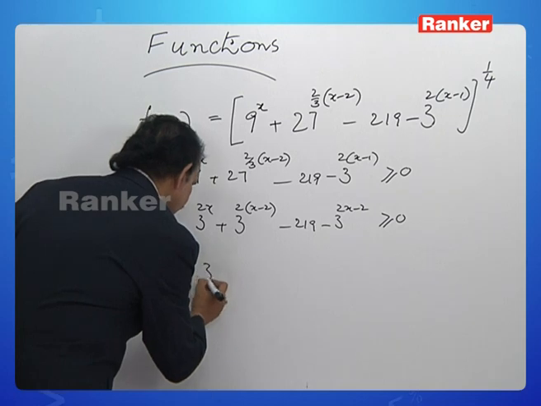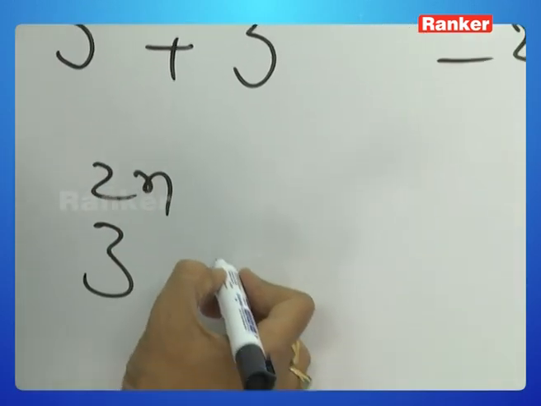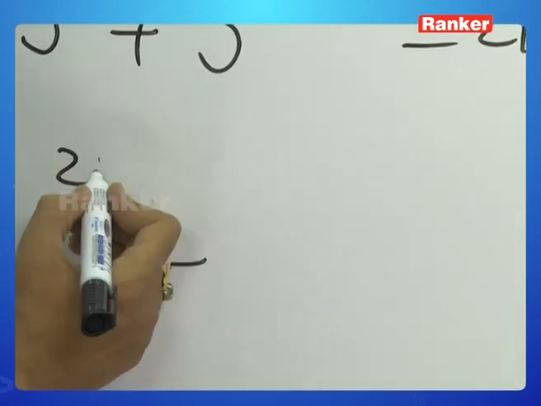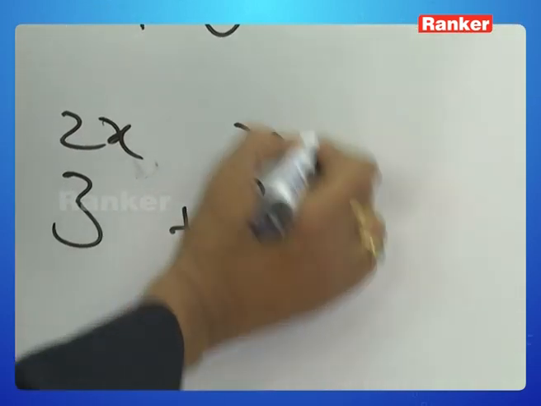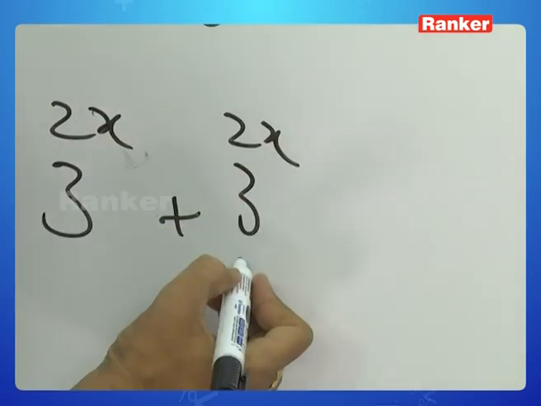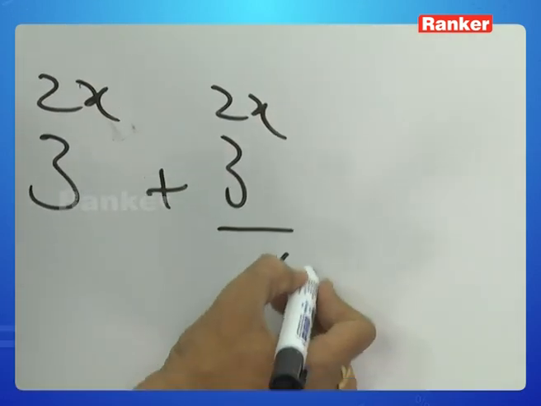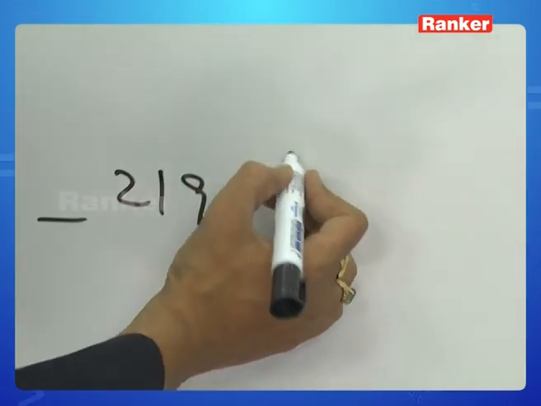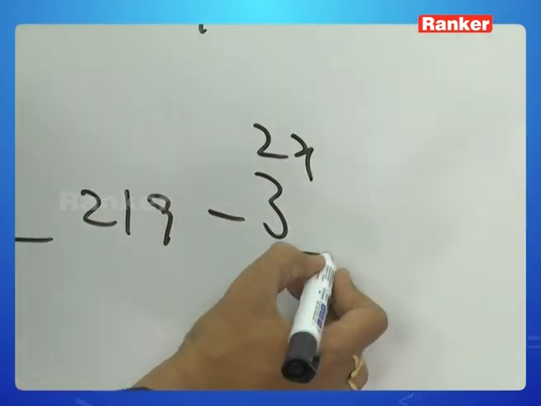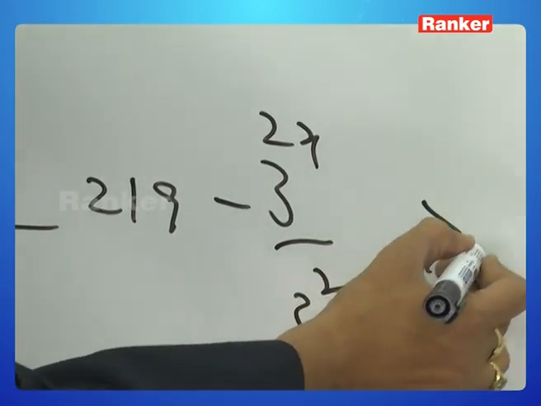Again, this is 3 power 2x plus 3 power 2x minus 4, that's nothing but 3 power 2x by 3 power 4 minus 219 minus 3 power 2x by 3 square greater than or equal to 0.